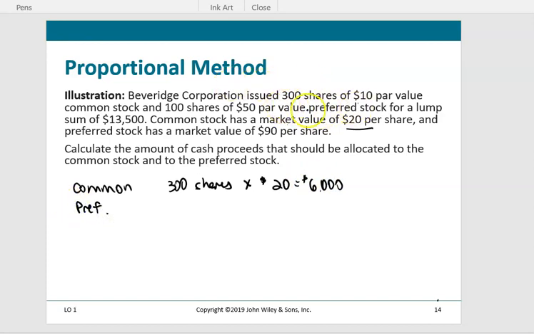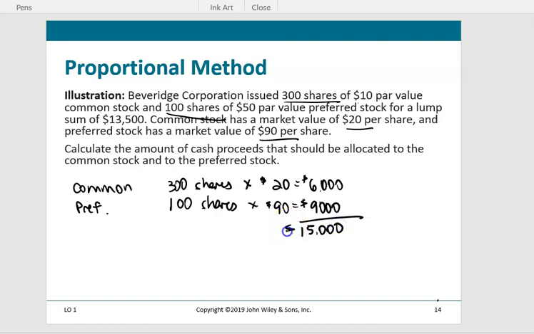Preferred stock, the company has issued 100 shares of the preferred stock, 300 of common, 100 of preferred, and the preferred has a market value of $90 per share. 100 preferred shares, market price per share of 90, so 9,000. Okay, we sold $15,000 worth in terms of market price of stock for $13,500.